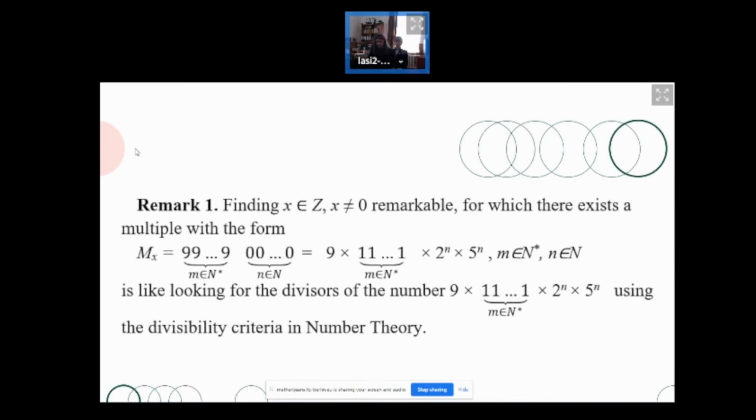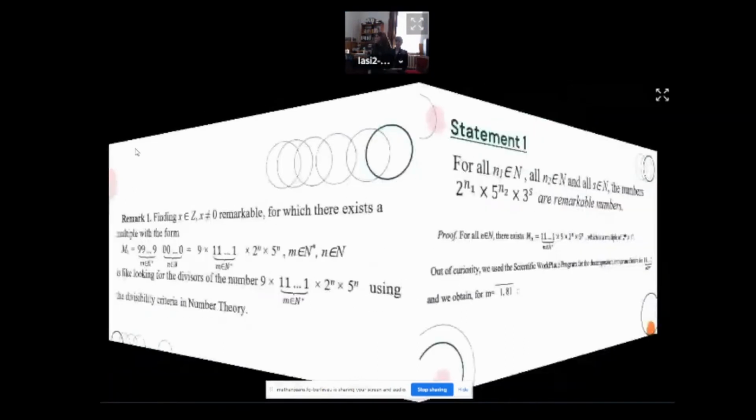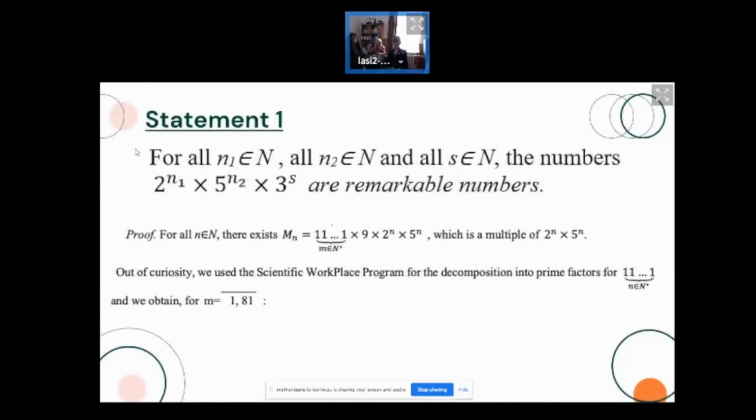It's looking for the divisors of the number 9 multiplied by 111 taken m times, multiplied by 2 to the power of n, multiplied by 5 to the power of n, using the divisibility criteria in number theory. Statement 1: for all natural numbers n1, n2, and s, the numbers 2 to the power of n1, multiplied by 5 to the power of n2, multiplied by 3 to the power of s, are remarkable numbers.